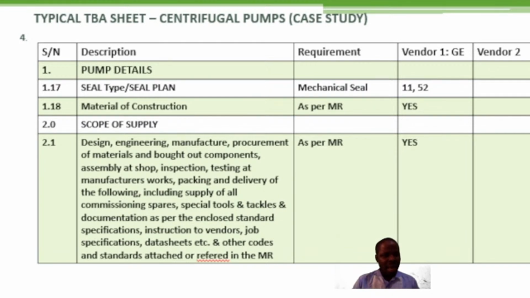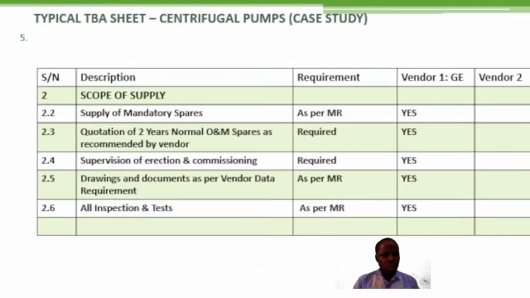Okay? Then the next will be to look at the supply of mandatory spares. Will there be supply of mandatory spares? If there's going to be supply of mandatory spares, you must have stated it in your material requisition. So now, is the vendor having deviation to that? Has the vendor supplied you with a quotation of 2 years normal operation and maintenance spares, as required?